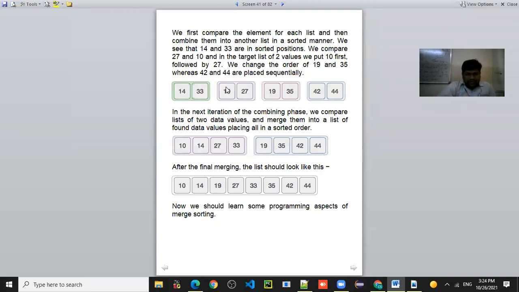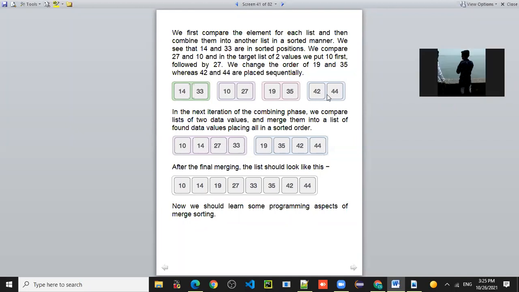When we are combining these two sublists, the smallest element is shifted to the left side. So who is the smallest here? 10. After that the next smallest, 14, then 27 and 30. So the combining phase of this first one is completed.